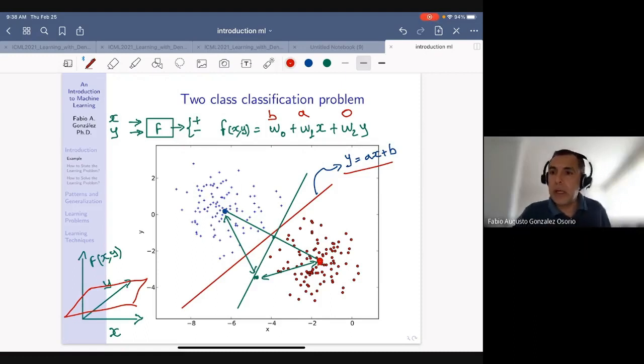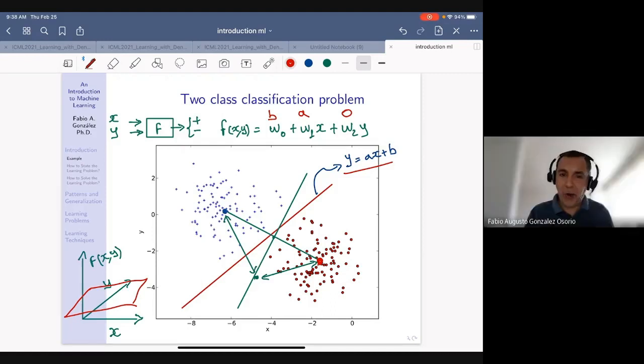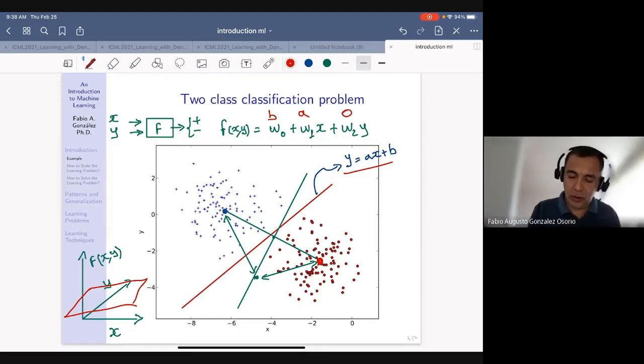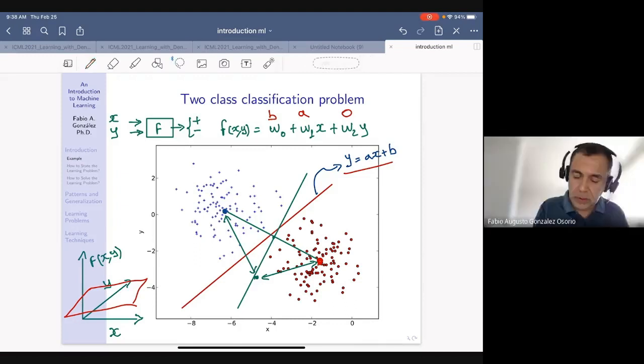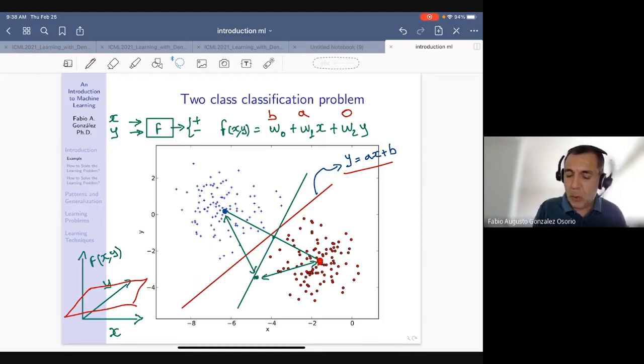I already saw in the chat some answers. For instance, Juan Sebastián Malagón is saying that B is equal to W0 divided by W2 and A is equal to that. How do you get that, Juan Sebastián? Simplifying the equation. How? Pass y to the other side. But which equation? This expression has f of x and y, but I see that you get rid of that.